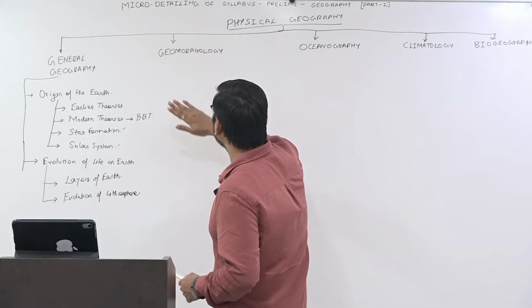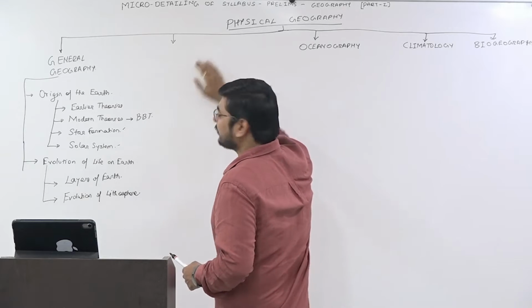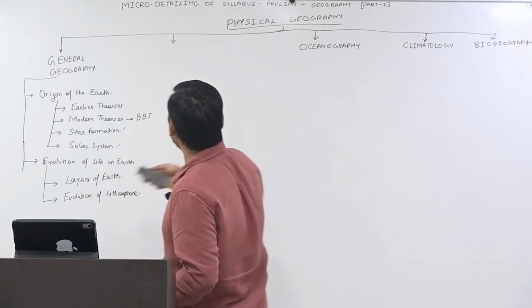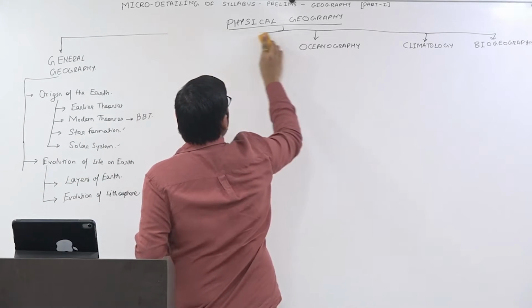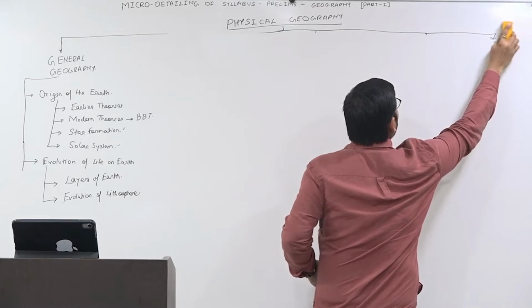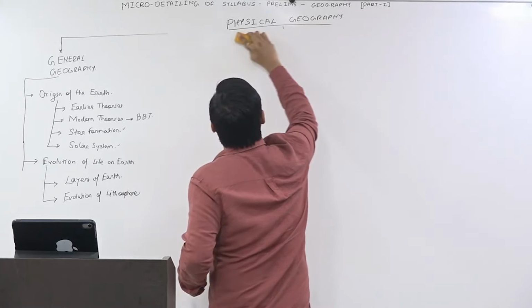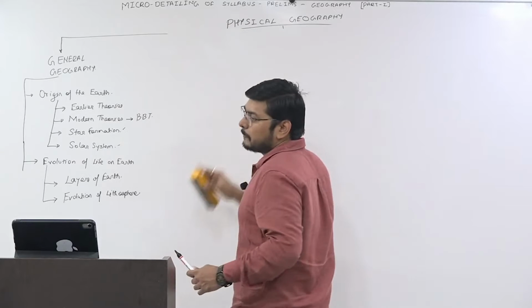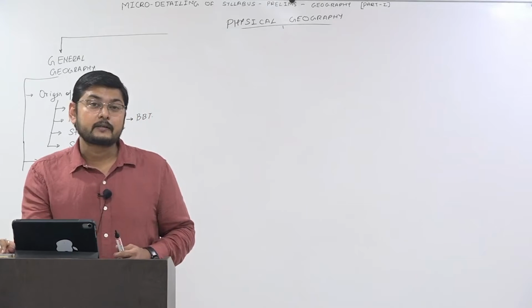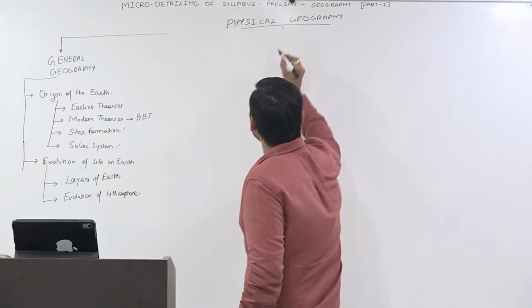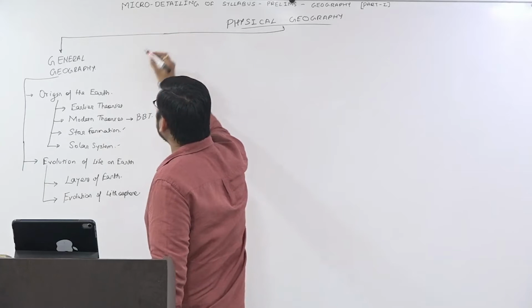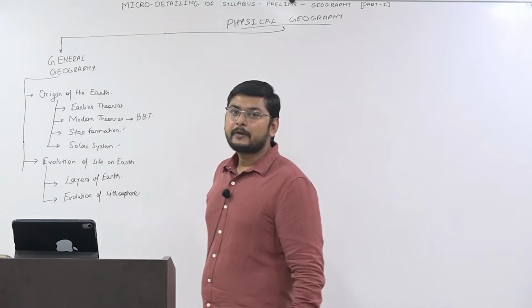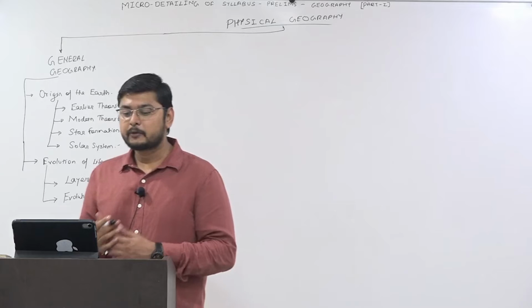Okay, so here we'll be seeing the different parts of earth, the crust of earth. Here we have different crusts, that is oceanic crust, and also continental crust. So we'll be looking at those parts.